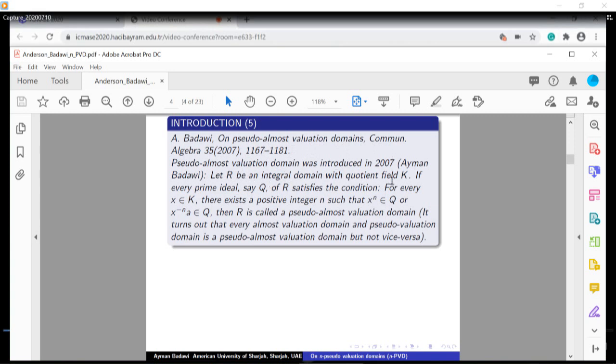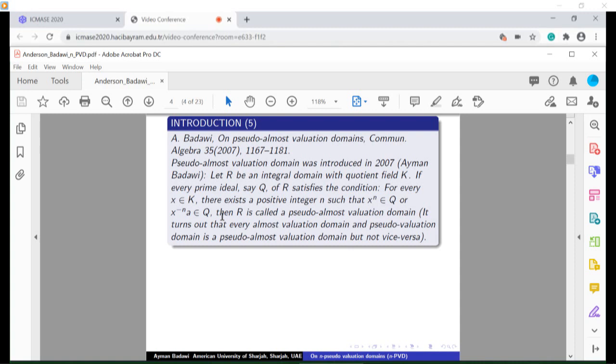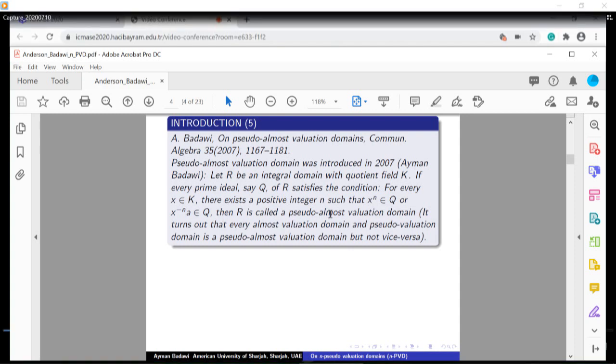You take R to be an integral domain with quotient field K. If every prime ideal Q satisfies this condition, for every x in K there exists a positive integer n such that x to the n is in Q or the inverse of x to the n, times a, is in Q, for every a in Q. That's what's missing here, I should add: for every a in Q. If every prime ideal of R satisfies this condition, then R will be called a pseudo almost valuation domain.